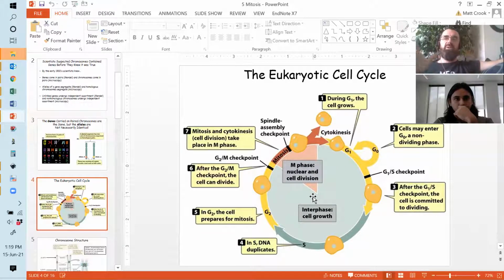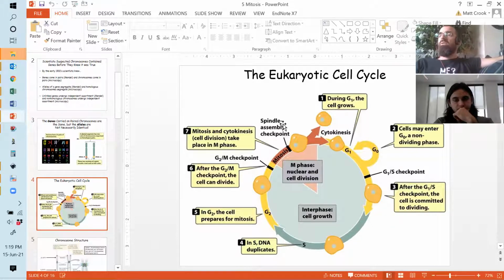So I try very hard whenever I ask you questions about this in the exam to be very specific about the term that I'm using, but just be aware that there is that ambiguity in the use of these words, right? Mitosis can mean both nuclear division and also mitotic cell division, right? So just kind of get that out there.